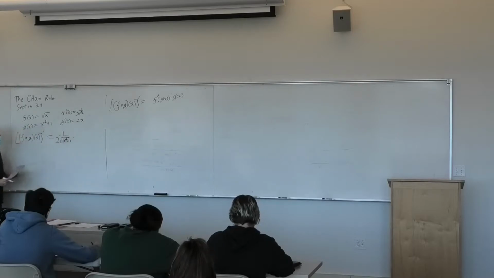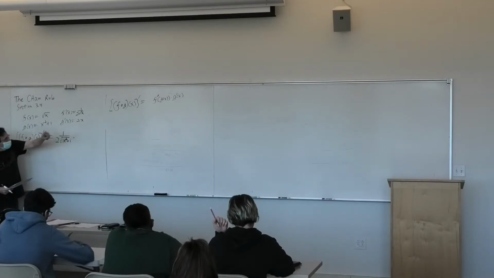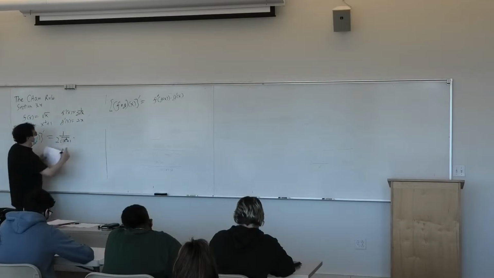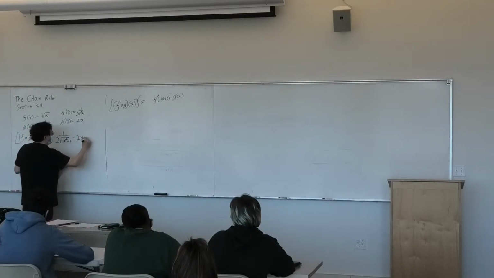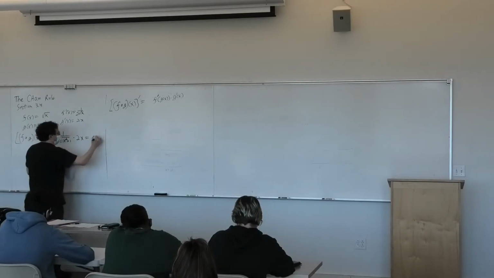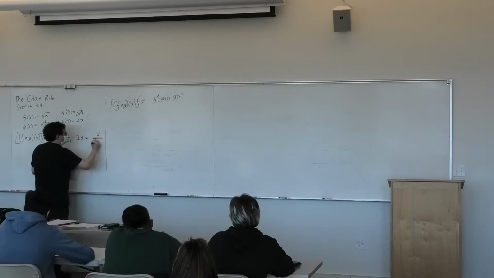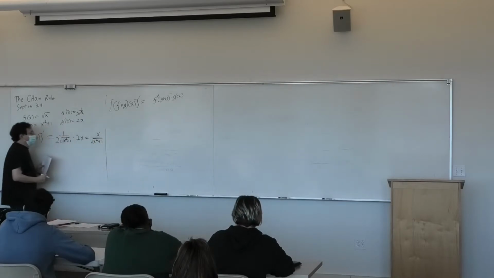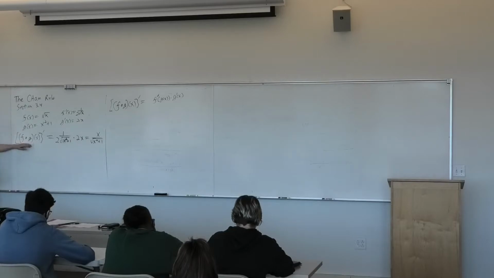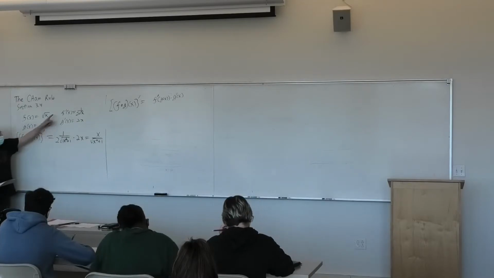But we have to have the last part, the derivative of g of x. So this turns out to be x over the square root of x squared plus 1. That's the derivative of this composition. So you don't actually have to form the composition if you know the derivatives.